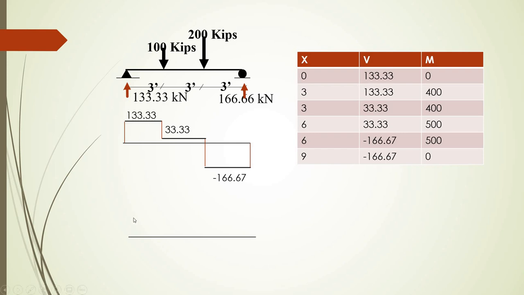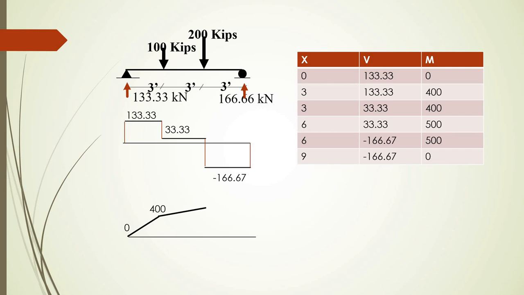Again, we're going to follow the same scale. So this is 0, this is 3, 6, and 9. At x equals to 0, the value is 0 moment, and for x equals to 3, the moment is 400. Now, if you join these 2 points with a straight line, this is what you get, and we'll write the values there. For the second section at lower limit, you again had the same value, and for the upper limit, you had the value 500.